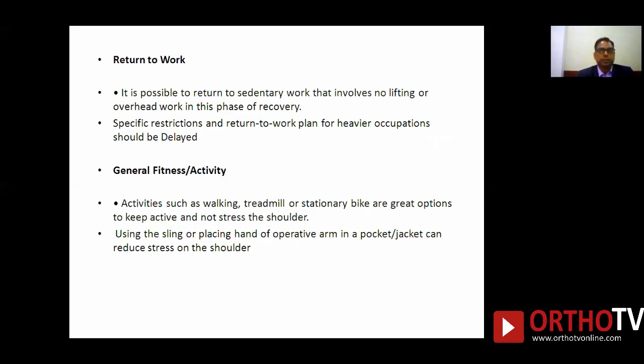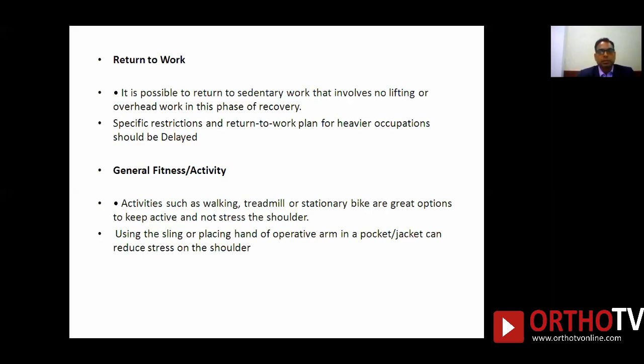But for the heavier occupation patient or the laborer, return to work should be delayed. The patient can start or continue general fitness activities like walking, treadmills, and stationary bikes, because this will keep the patient active and will not stress the shoulder.